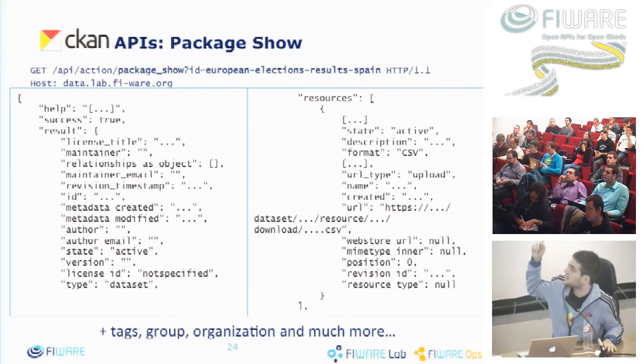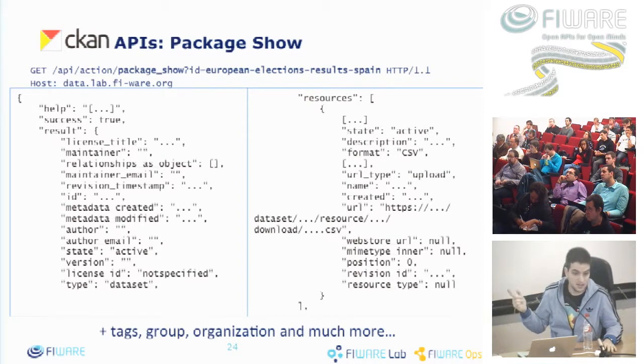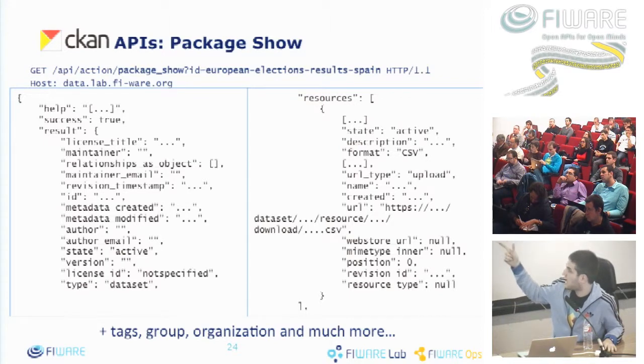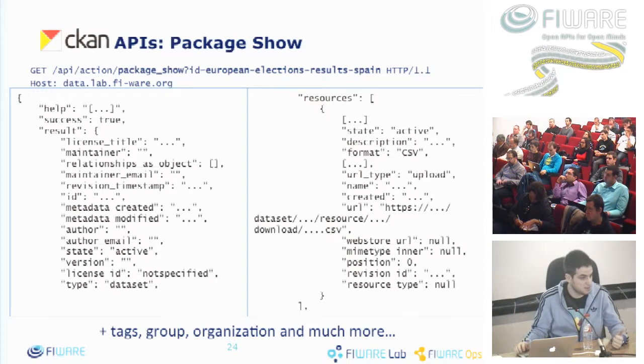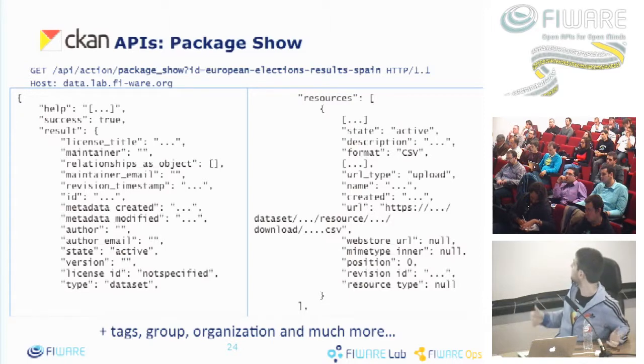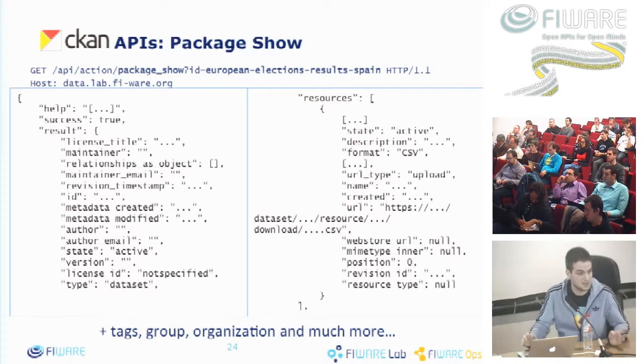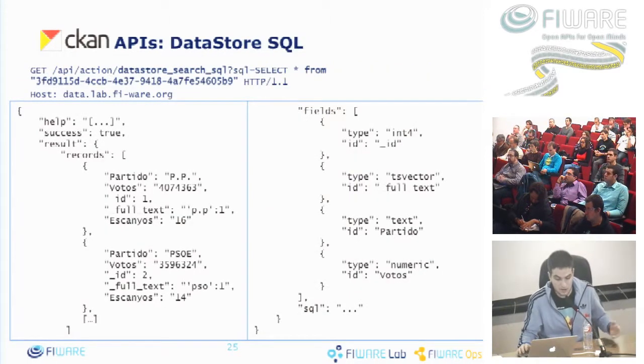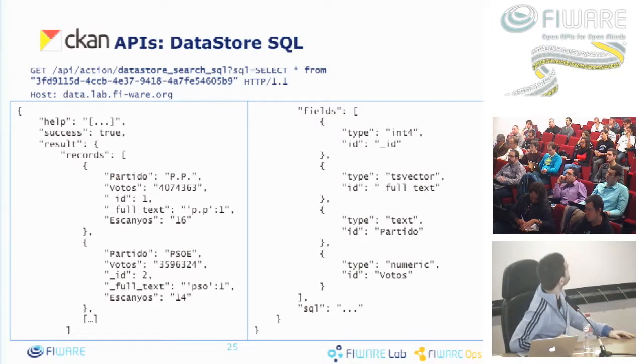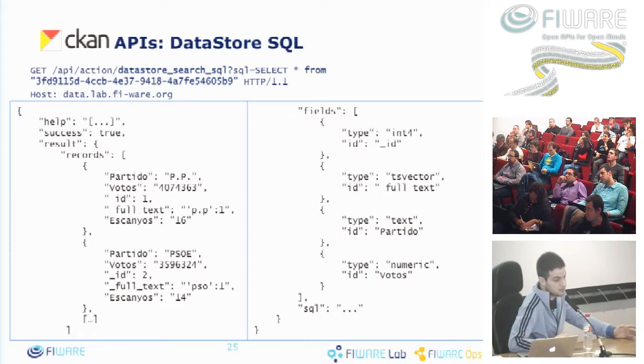Here we have an example of what I was saying before. This is just the metadata of a data set: the author, the license, the version, the URL where you can download the CSV, but not the CSV itself or the CSV processing. It's just metadata. But you can also access the data itself if you have the DataStore enabled.